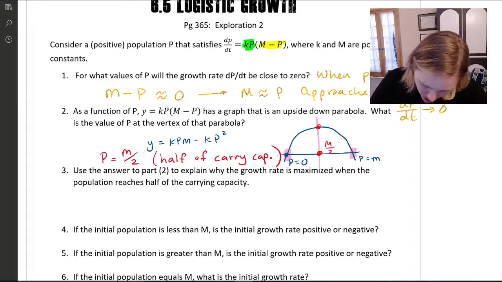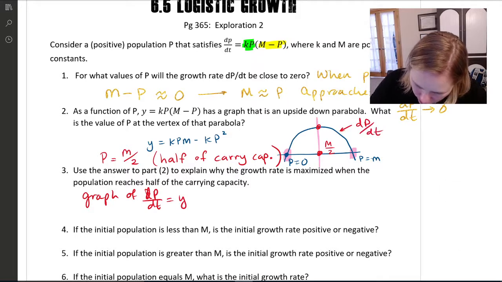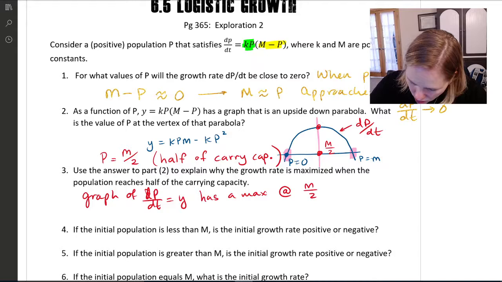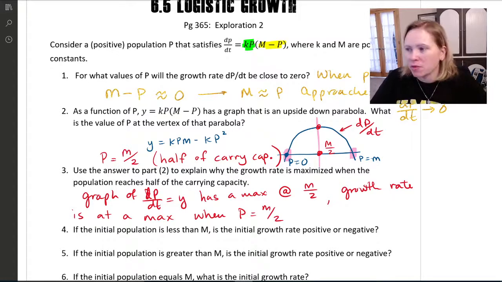Well, if this is the graph of dp dt, which we're calling y, this graph of dp dt has a max at m over 2. So the growth rate is at a max when p equals m over 2, half of the carrying capacity.